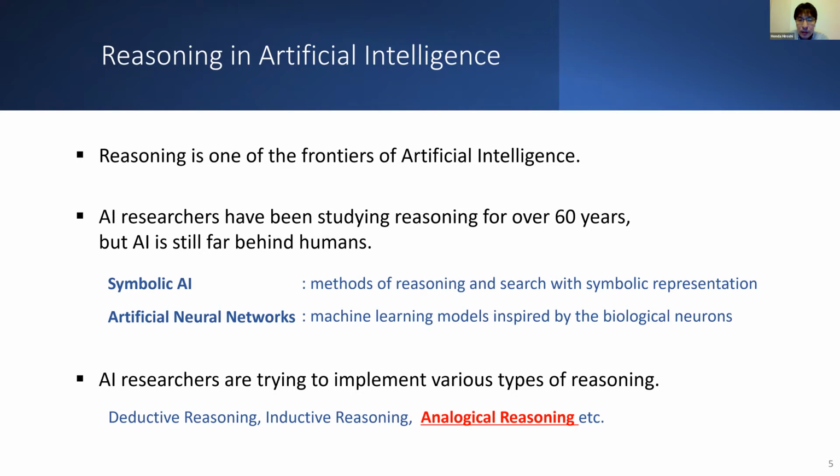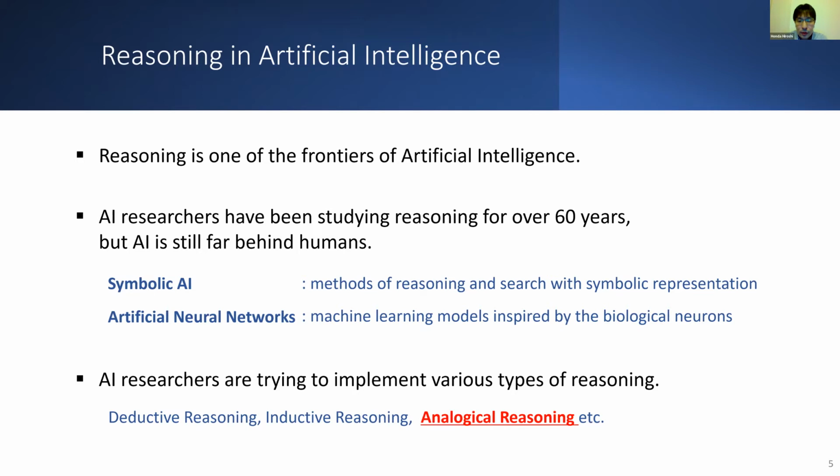So, reasoning is one of the frontiers of artificial intelligence. AI researchers have been studying reasoning for over 60 years, but AI is still far behind humans. They are working on symbolic AI or artificial neural networks research for reasoning. Symbolic AI is a method of reasoning and search with symbolic representation.